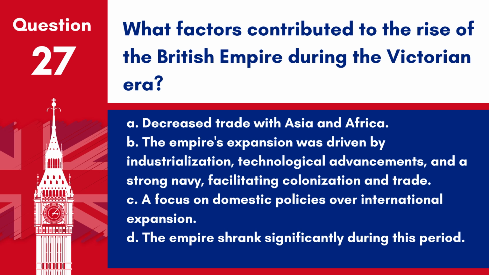C. A focus on domestic policies over international expansion. D. The empire shrank significantly during this period. Answer B. The empire's expansion was driven by industrialization, technological advancements, and a strong navy facilitating colonization and trade.